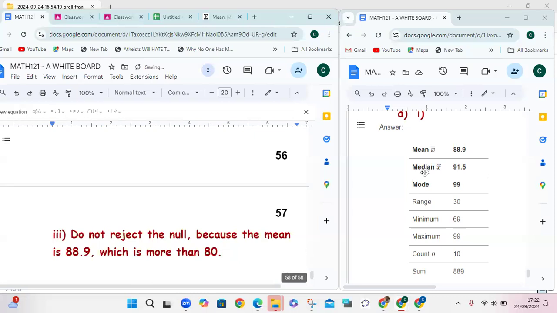And actually the median and the mode confirm that because they are the three averages. So even more so, the median is 91.5 and the mode is 99. Although the mode is not very important in analysis, the median is even more than the mean, which even confirms that we do not reject the null because, as you can see, the data is saying that the mean is not less than 80, the mean is more than or equal to 80.